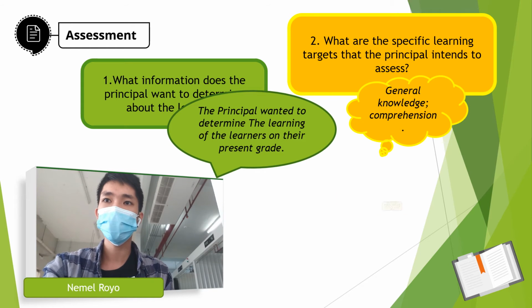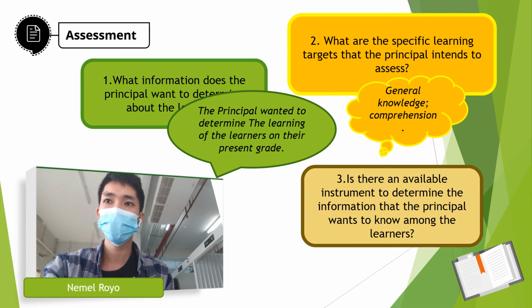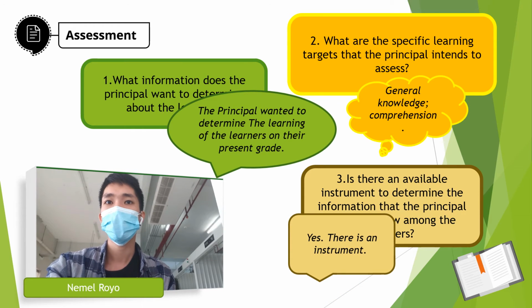Is there an available instrument to determine the information that the principal wants to know among those learners? Yes, there is an instrument, and that's like what I said. It is placement assessment, which includes the entrance exam before the students enter the university, in order for the schools to determine which classifications they are in.